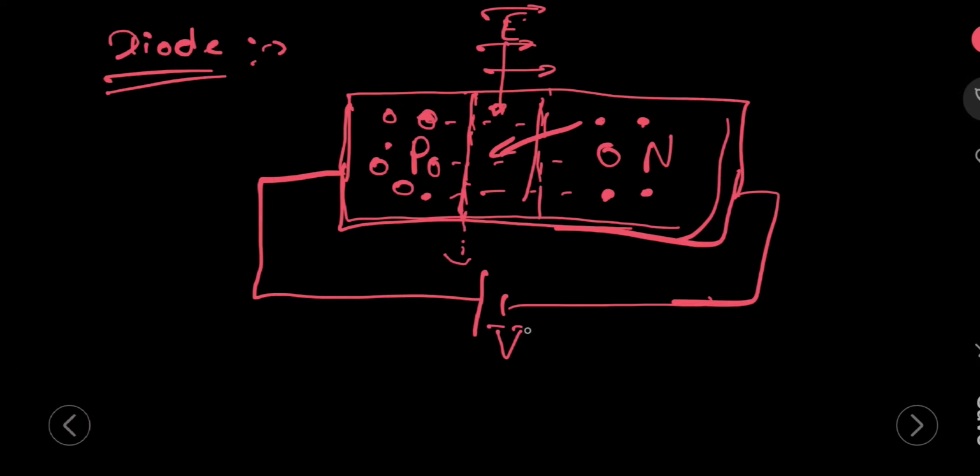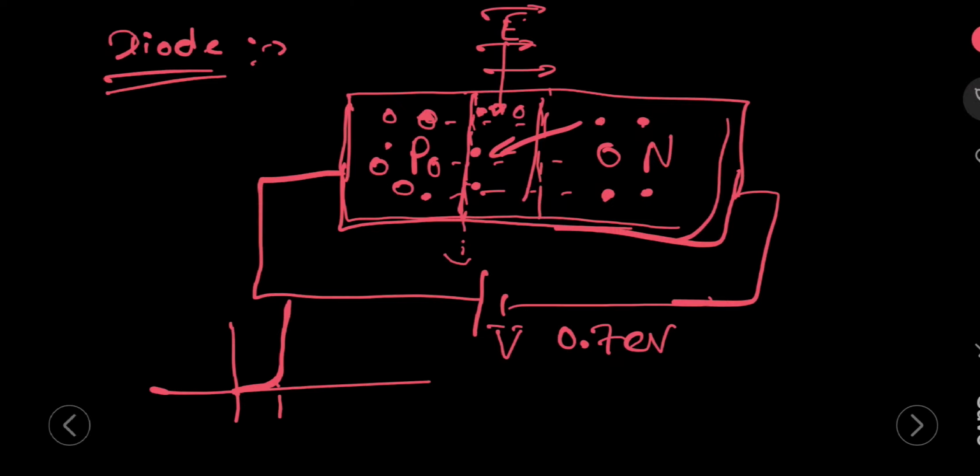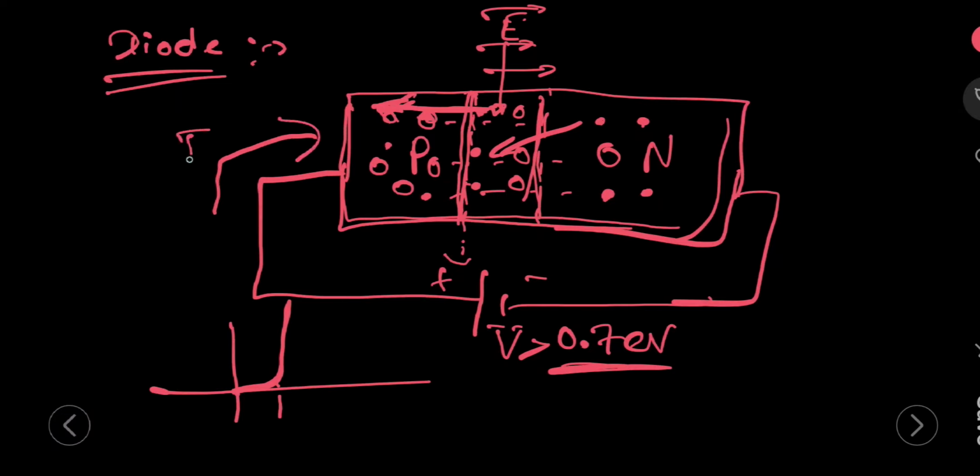After a cutoff potential of 0.7 volt, the current will automatically rise. Why? Due to the making of this wall, electrons are shifted here due to the plus charge, and if the applied voltage is greater than 0.7 volt, the electrons will cross this potential barrier and generate a current.